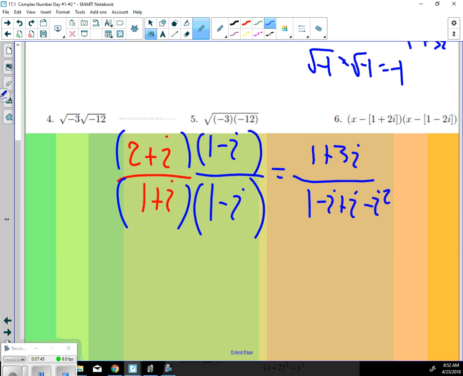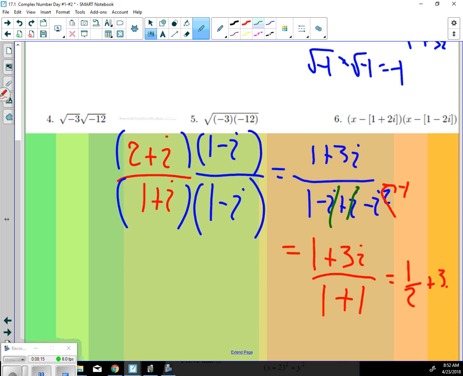So, what's i minus i, or negative i plus i? What happens to these two i's? They cancel out. And what's i squared? Negative 1. So this is going to be 1 plus 3i over 1 minus a negative 1. What's that? 2, isn't it? So won't this be 1 over 2 plus 3 over 2 i?